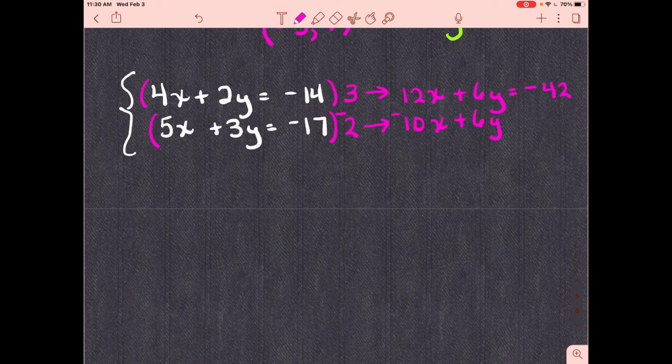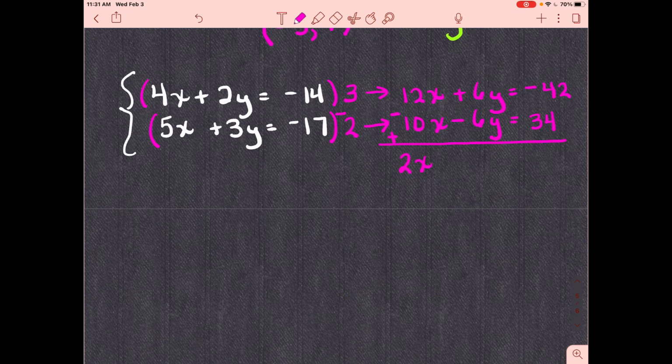So I get -10x, and I get -6y equals positive 34. I'm going to add these two together to get 2x, positive 12 and -10.